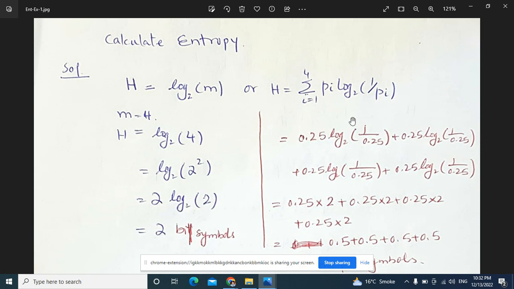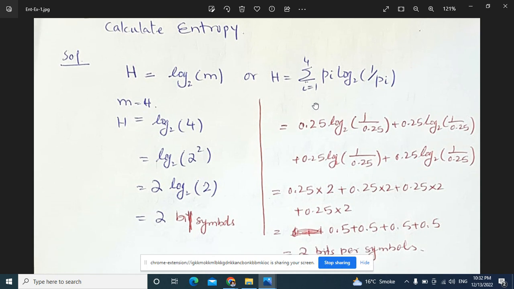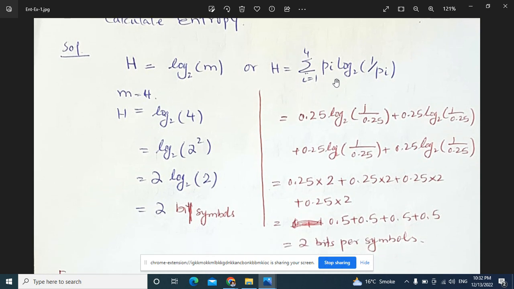But if we use the other formula, the basic formula of the entropy, multiplying the probability with the information, we can write directly that we have four symbols. So 4 multiplied by the probability, 0.25, and still the answer is equal to 1 in the probability term.